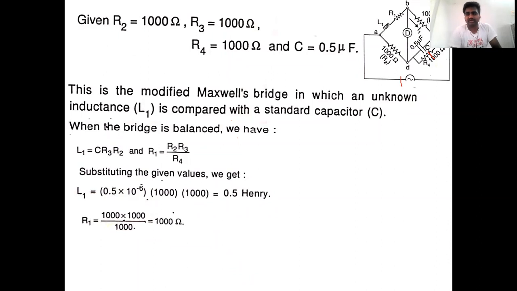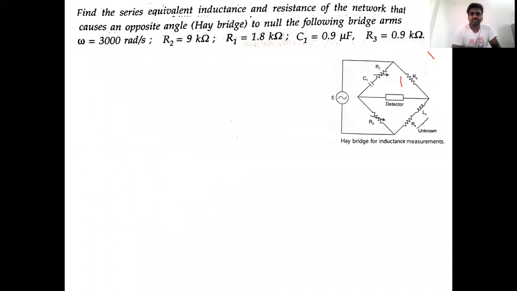If you have any queries or doubts with respect to this problem, let me know in the chat box. This is our third problem, a Hayes bridge. The equivalent resistance and inductance of a network with respect to Hayes bridge is shown in the following bridge arms.